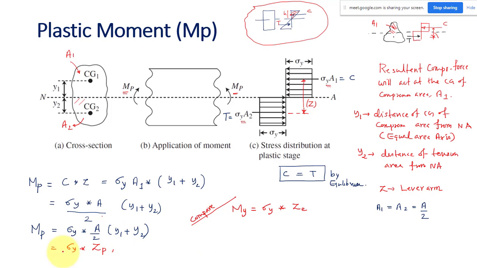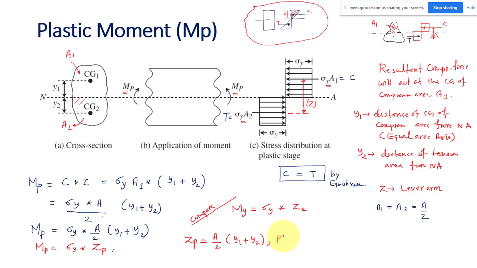This is my final equation for the plastic moment. The expression for Zp is equal to A by 2 into y1 plus y2. This is called the plastic section modulus.